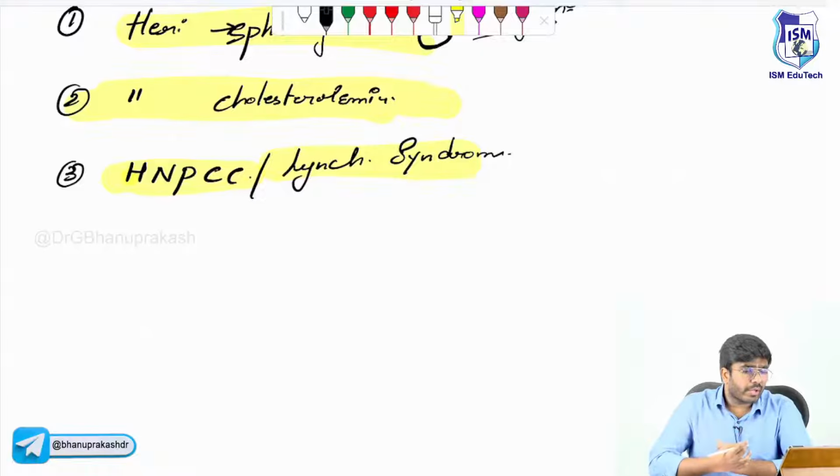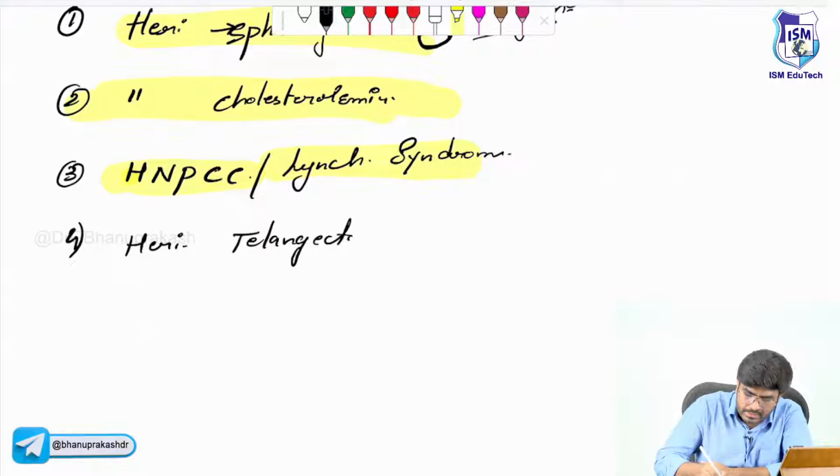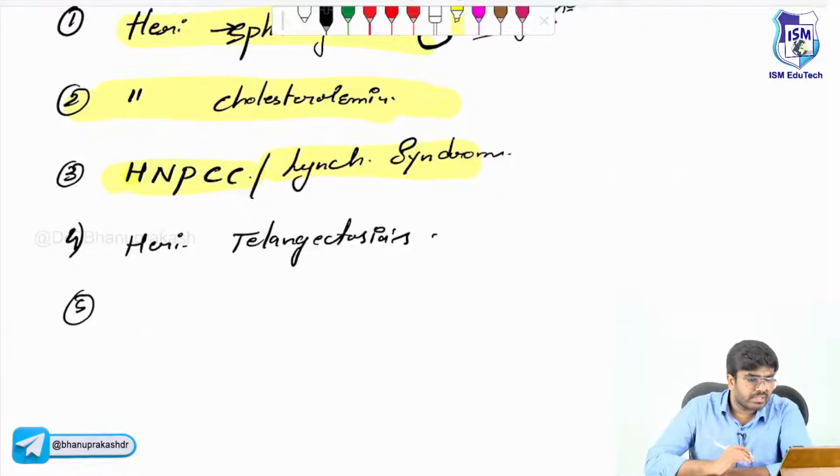Next, so hereditary spherocytosis, Lynch syndrome, hereditary non-polyposis colon cancer. Next, hereditary telangiectasias, and so these are the hereditary things which are completed. Next, I have said familial. Our family is a dominant thing.